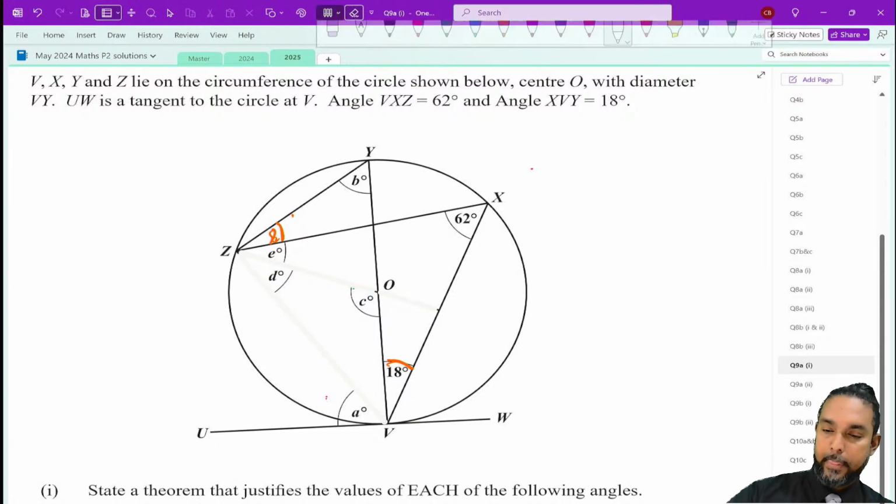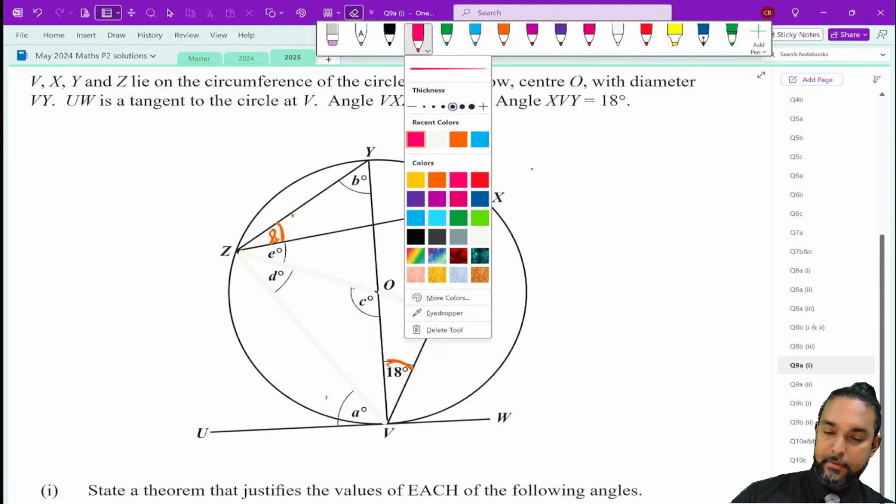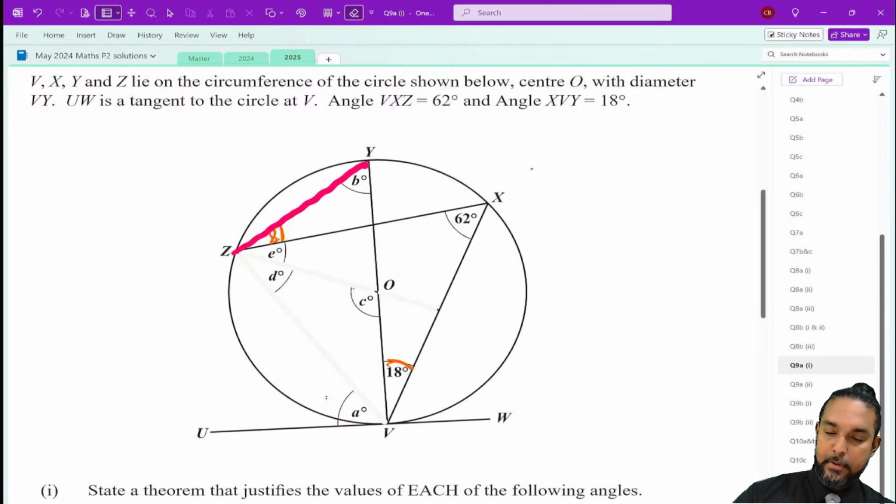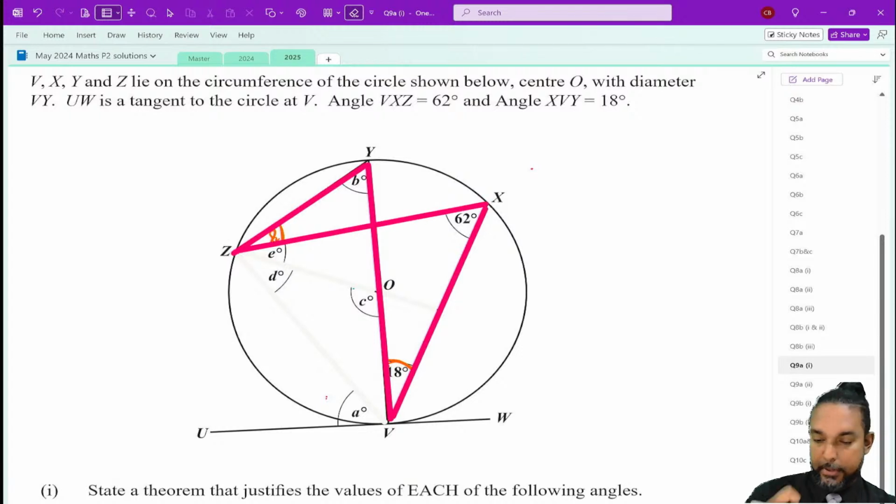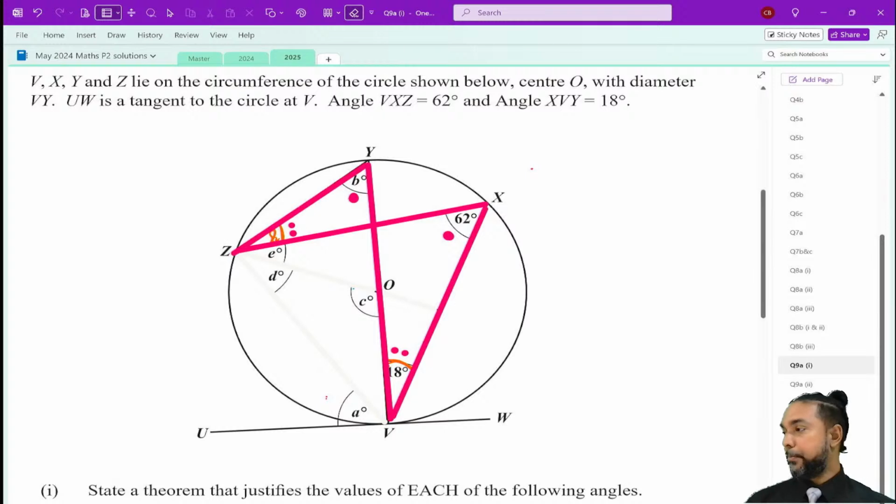That one, and again, you just identify the shape or theorem that you're working with. So it says that angles in the same segment standing on the same arc are equal, which means that these two angles are equal and these two angles are equal. That's why it's 18 degrees there.